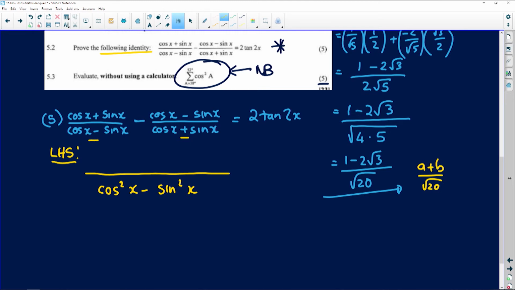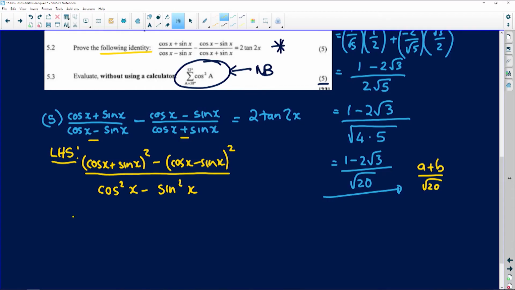Now here, clearly, I've got to square that top because this denominator multiplies with cosine x plus sine x to form that squared. Minus, and the same for cos x minus sine x, all squared. Now, folks, I can simplify it by factoring it again into a minus b, a plus b, and see what cancels out.